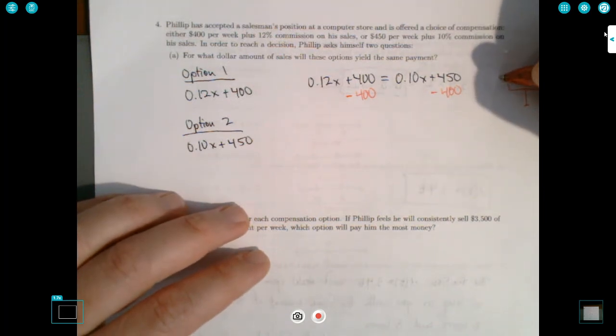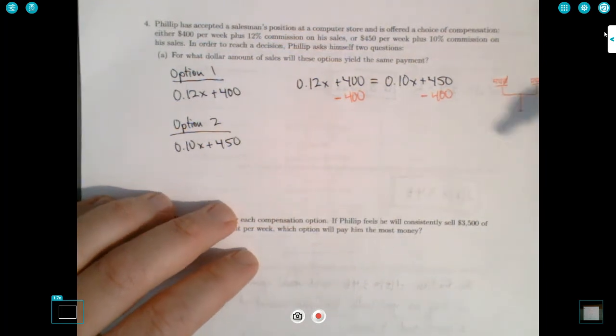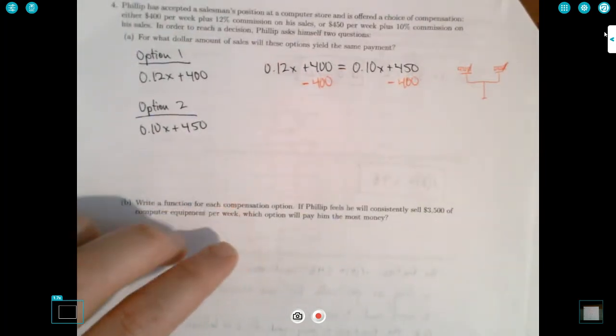If you've got a bunch of items over here, and they're in balance with a bunch of items over here, if you take one of these things off, it's going to get out of balance, right? But if you take the same amount off on the other side, it's going to come back into balance. Ooh, you can't see what I was drawing. Shoot.